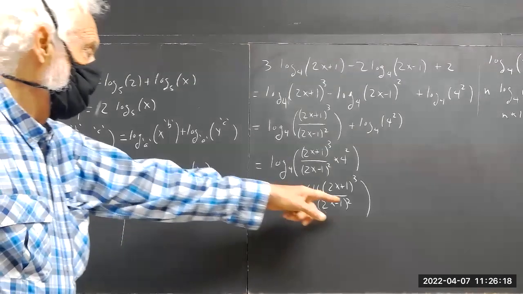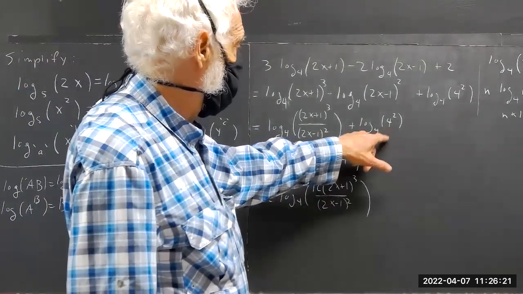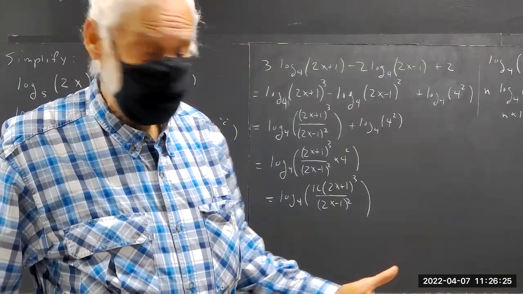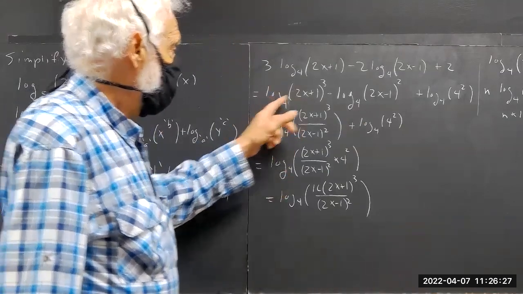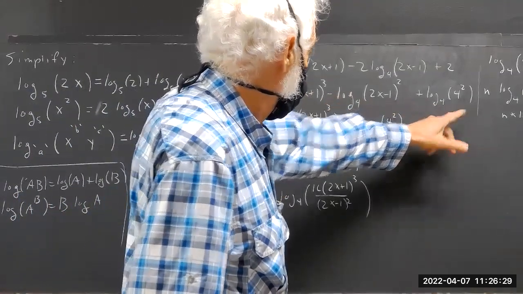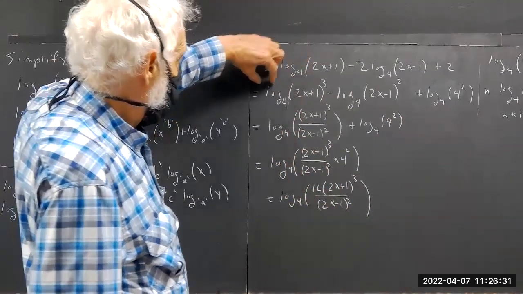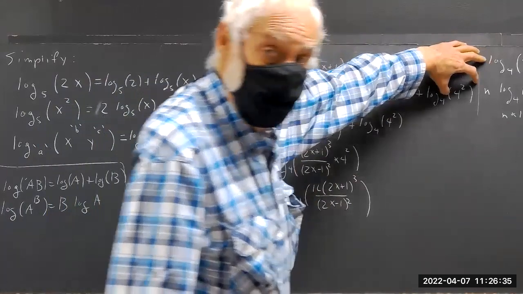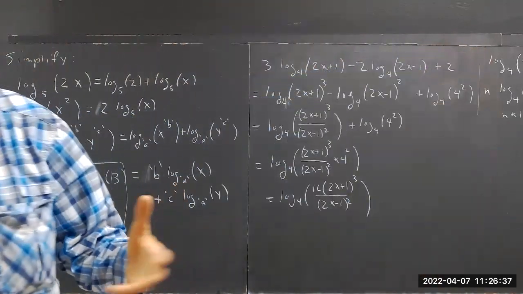Now we could have written all this at once. First of all, we could have written 4 squared is 16 anytime we wanted to. But just seeing this, we see that it's going to be the log of this divided by this, multiplied by this, just using the rules.